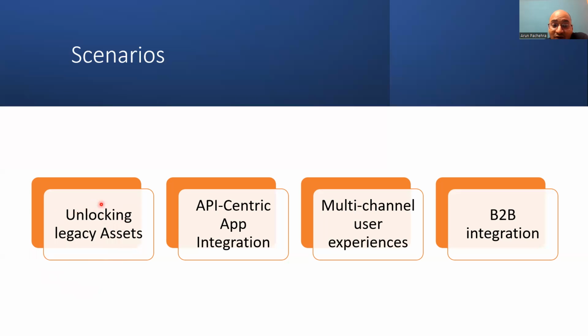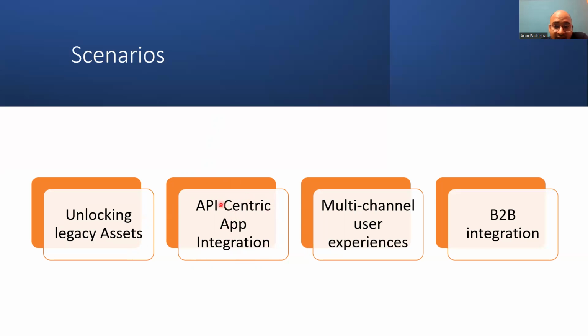That's why it's unlocking, because we always think legacy is not an asset anymore. But if it is a mission critical or business critical application that you cannot modernize, you could utilize this kind of integration.